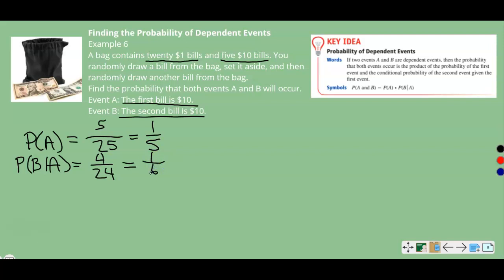All right, now what we need to do is the probability of A times the probability of B given A. So we're going to have 1/5 times 1/6.